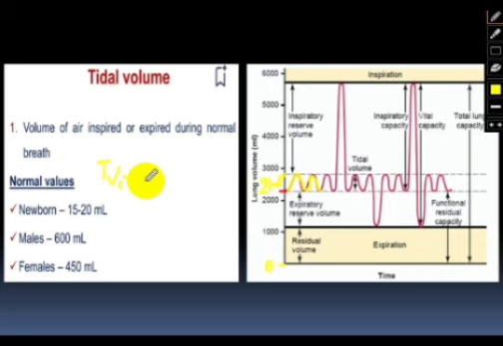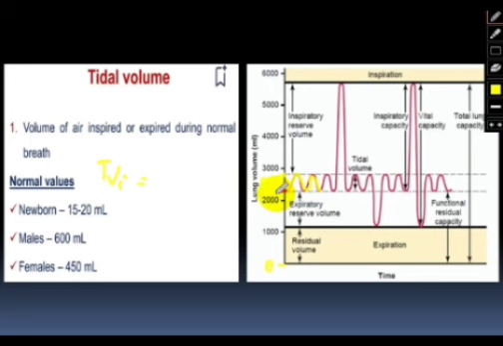Tap your brain. Tidal volume inspiration is 2,700. And then tidal volume expiration: when you bring out air, the graph moves downwards to this point.